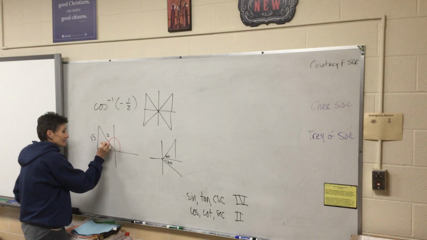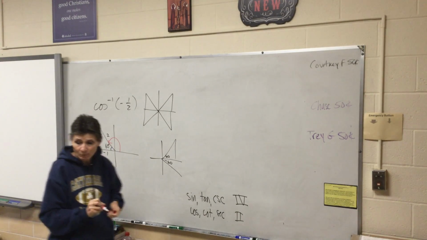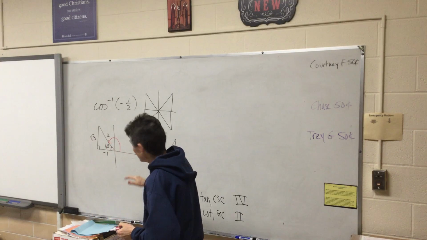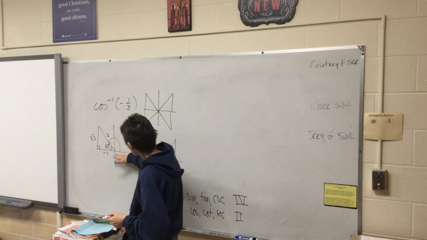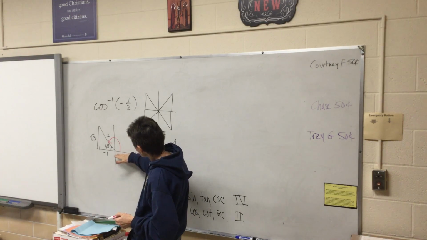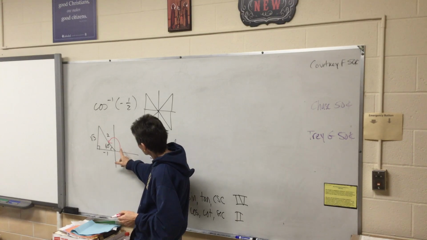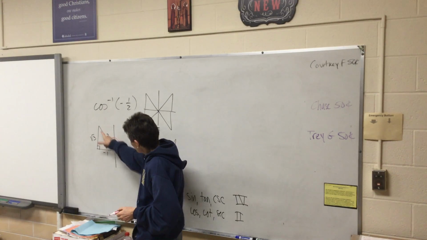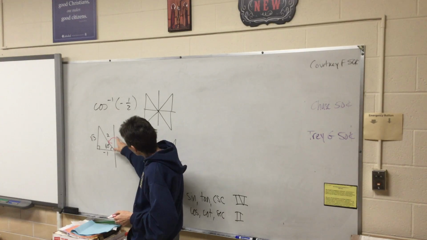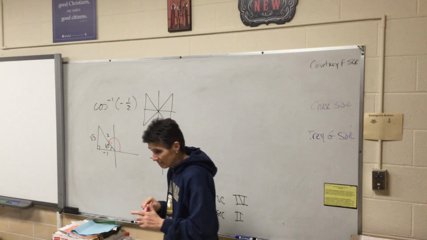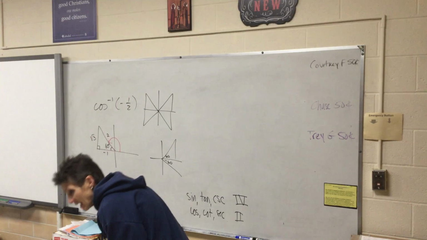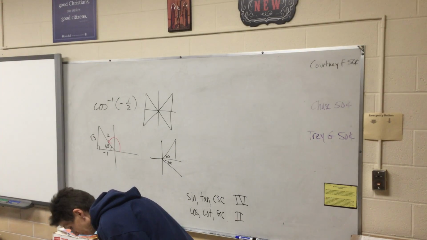The answer is the red angle. Remember, we have to start here and go around to the hypotenuse. I love your guessing, by the way. You guys are doing great today. So how big would that red angle be? It's not 60, not the red one.